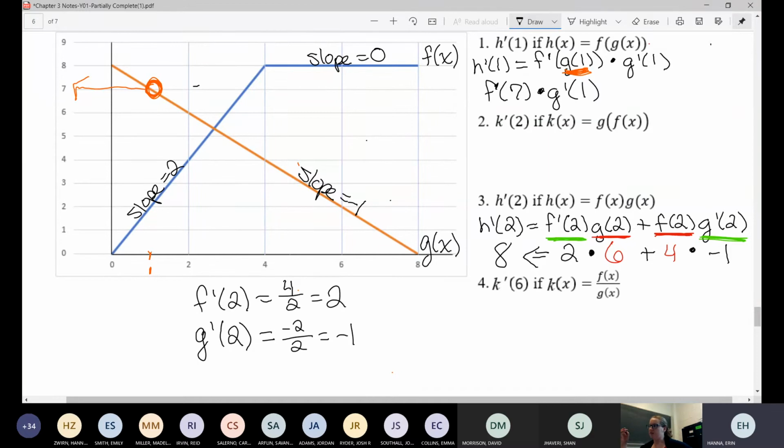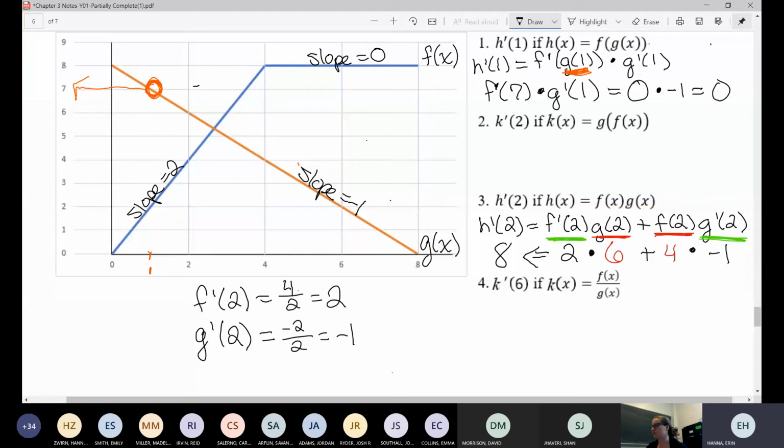What's the derivative of f when we're at x equals 7? We're on that horizontal piece, so the slope of that piece is 0. So f prime of 7 is 0. G prime of 1, since the slope of g is -1 everywhere, is -1. So 0.